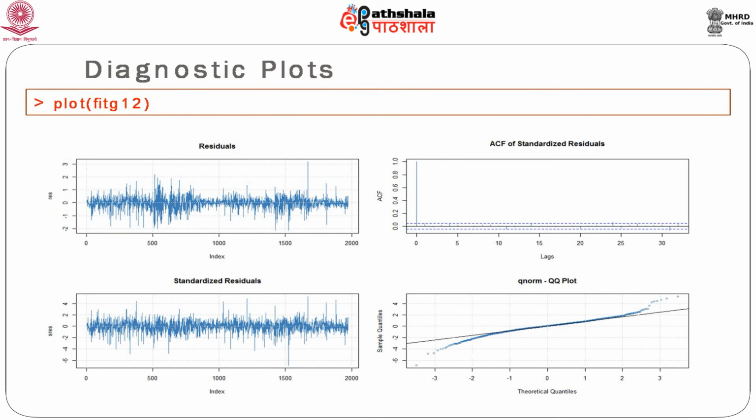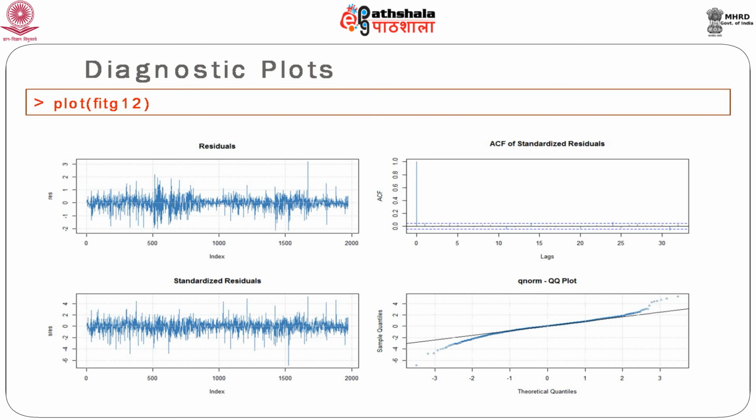But let's look at the diagnostic plots the same way as I mentioned earlier. I stored the GARCH object for the final model, GARCH order 1,2, in g12, and plotting it will show you the diagnostic plots.